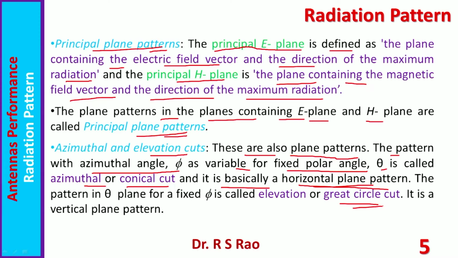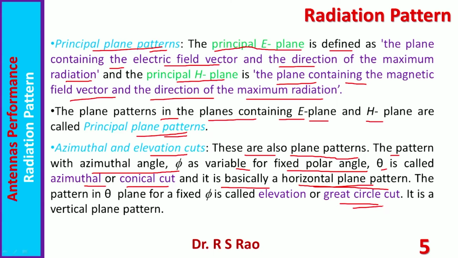Two types of principal planes are there: principal E-plane and principal H-plane. These two are defined. The plane pattern in the principal E-plane is the principal E-plane pattern. The plane pattern in the principal H-plane is the principal H-plane pattern.